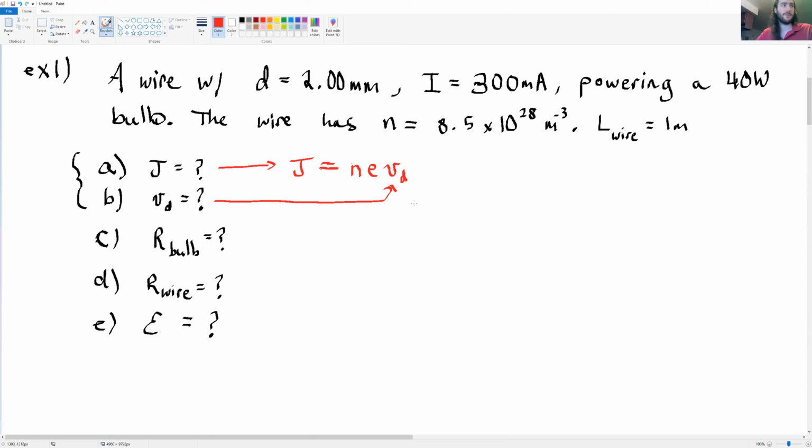So you have to remember another formula. We can't use this one. Try to keep things colorful here. We have to use this formula: the current density is the current per unit cross-sectional area of the wire.